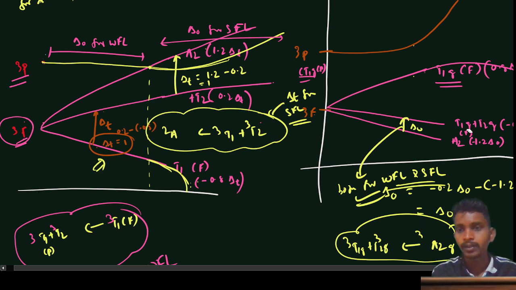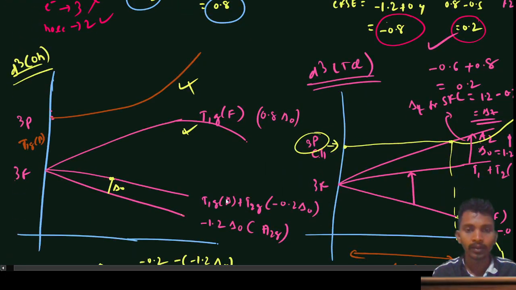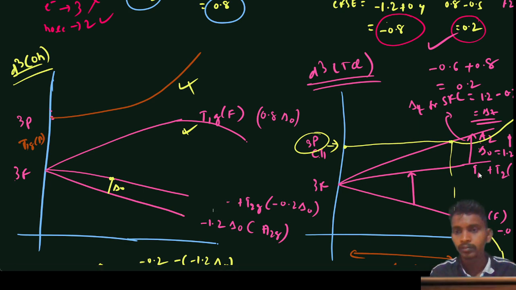Wherever I drew the T1g, T2g, this is only for T2. Please correct it. Whenever I drew the T1g and T2g, because T1g is the accepted state, here it is only for T2g, because T1g I already drew here.